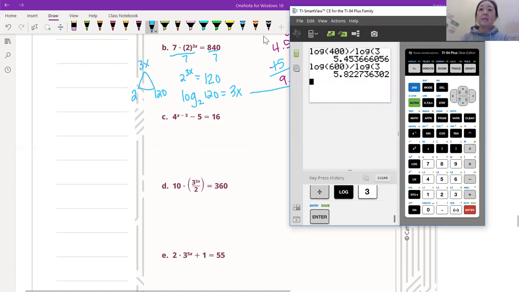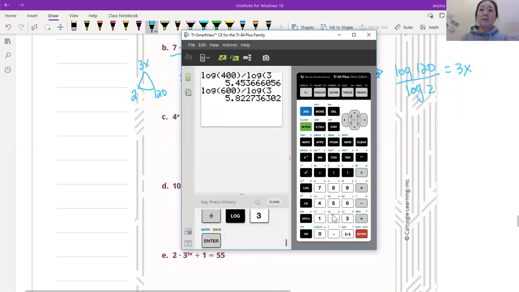So we're going to get log of 120, close parentheses, divided by log of 2 is equal to, and then I'm just going to divide that by 3. Divide by 3 is equal to 2.3023.